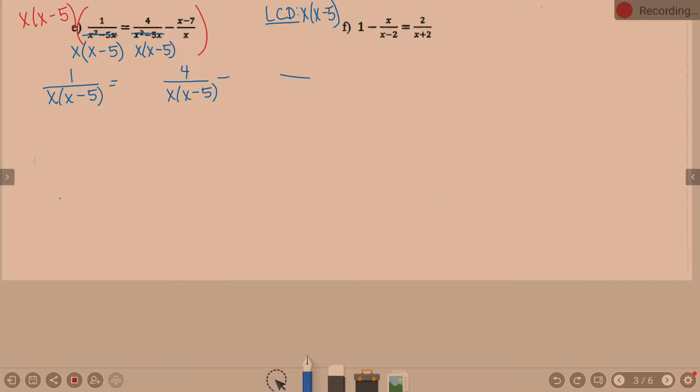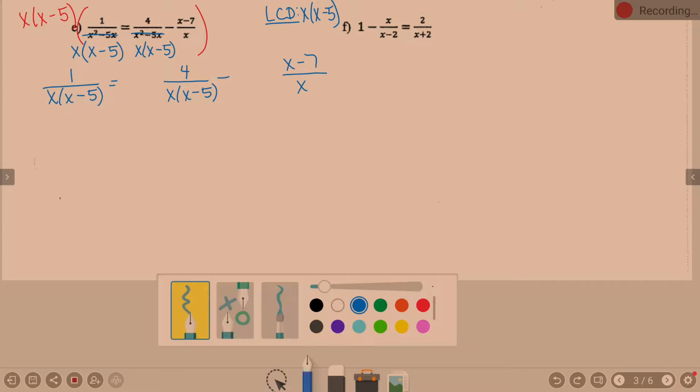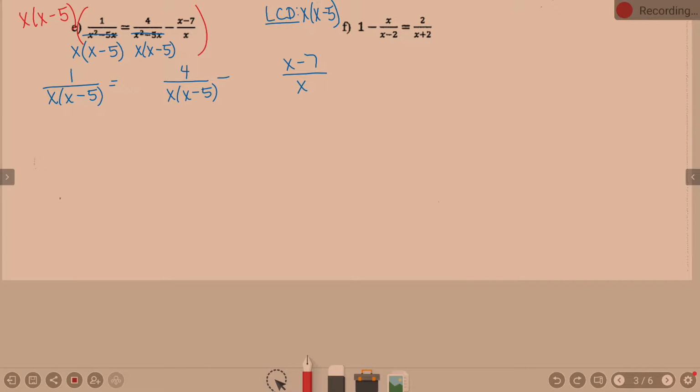Spreading my fractions out here. X minus 7 over x. Each of those gaps, I'm going to write that I'm multiplying by x, x minus 5. X, x minus 5. X, x minus 5. And all of those x, x minus 5s I can put over 1.